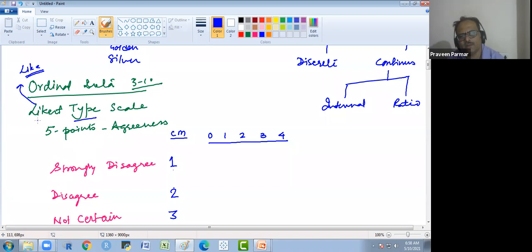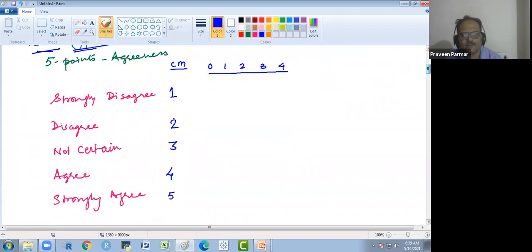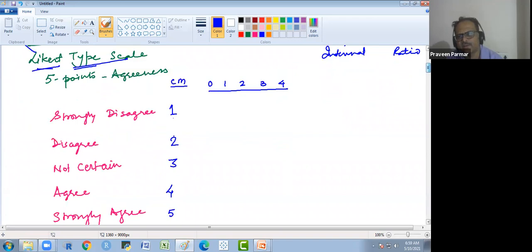So we use the Likert type scale, which is generally called the ordinal scale. We are giving you some options of what you like, and out of these you have to pick any one: strongly disagree, disagree, not certain.